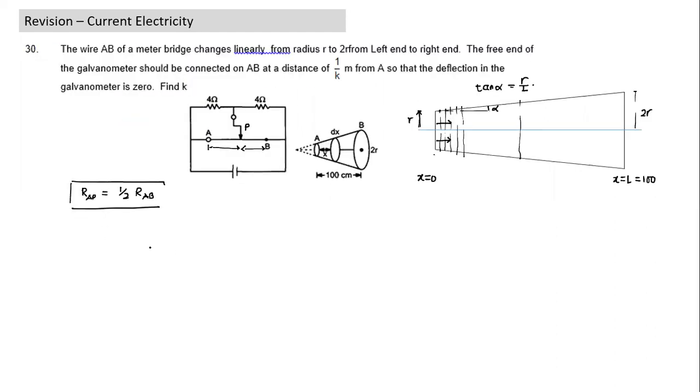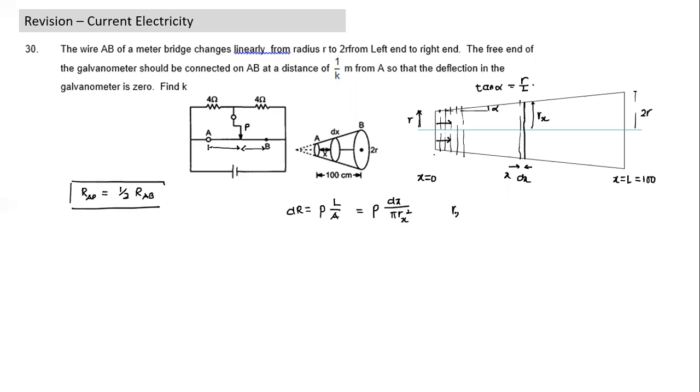So what is the dr calculation here? If I take a random piece, let me calculate the resistance of this random piece, at a distance coordinate x, width dx. I need to know the radius rx here. So dr is equal to rho L by A, which is rho into dx divided by pi rx square.